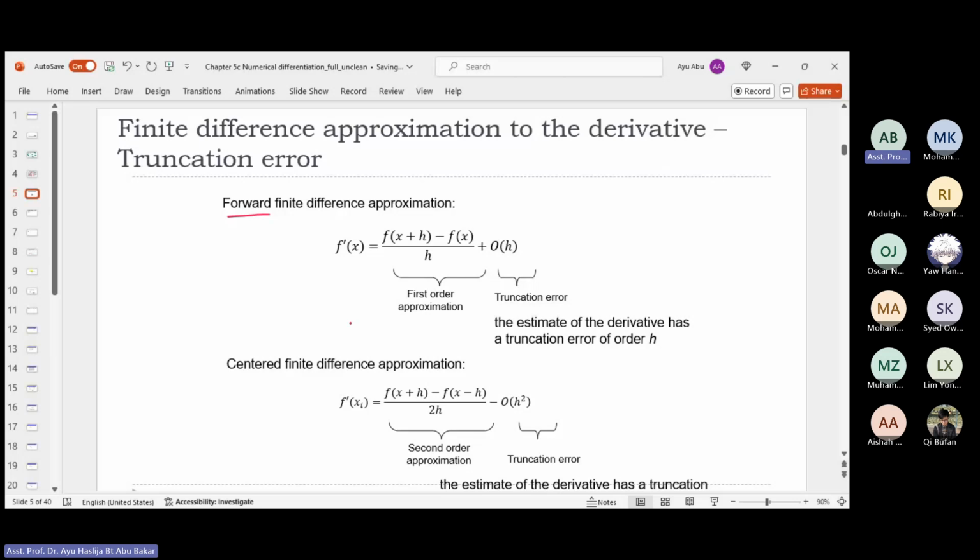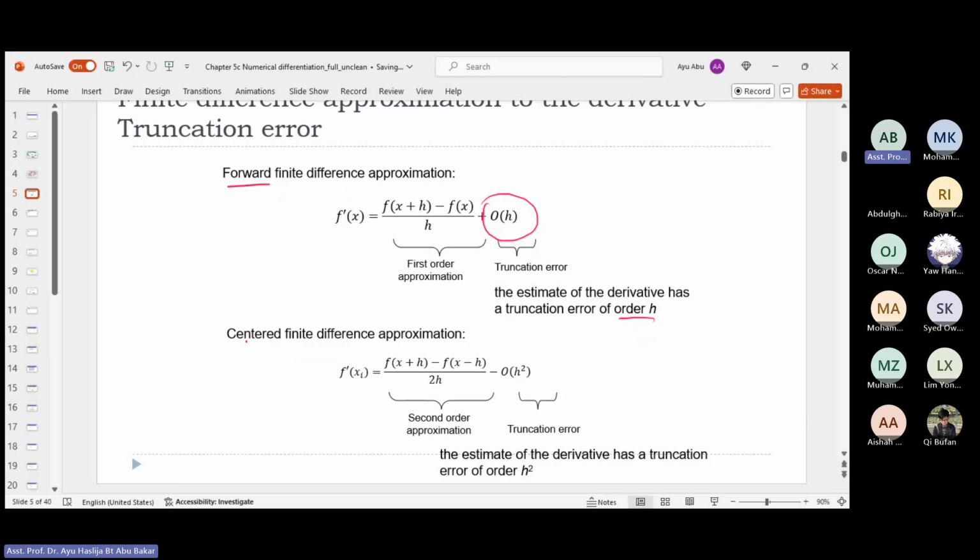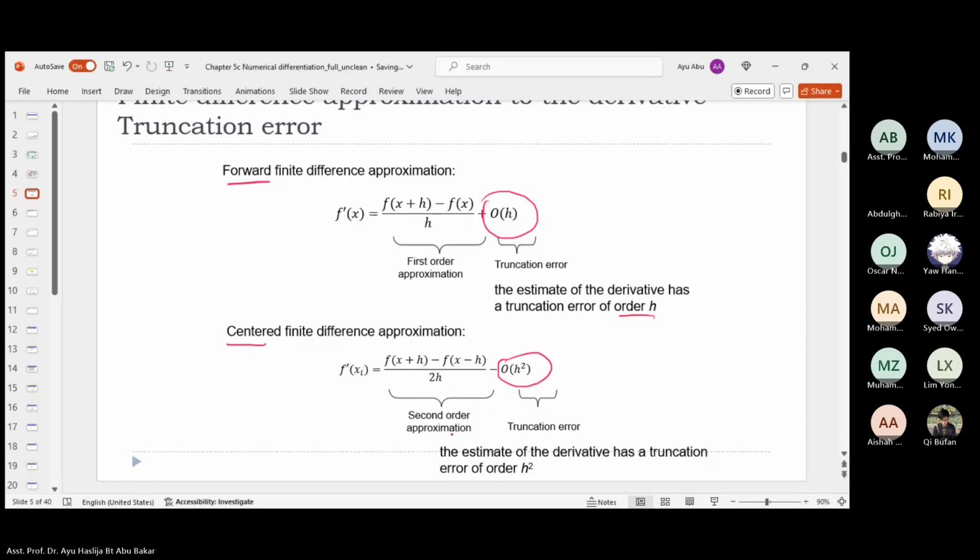Okay, for each differentiation equation, you will have the truncation error. This one is similar to Romberg last time. So for forward, the truncation error is O(h), order h. Centered, order h power 2, the truncation error. So the higher the order, it will be more accurate.